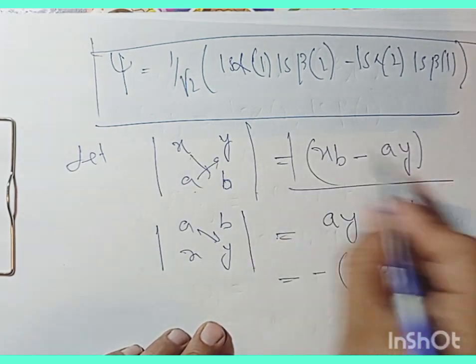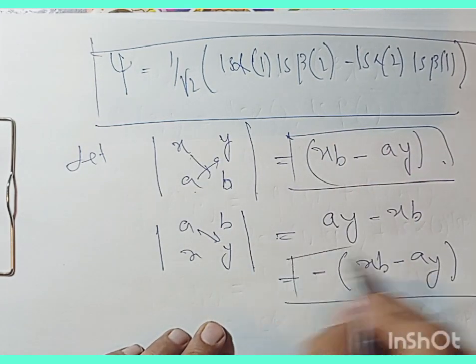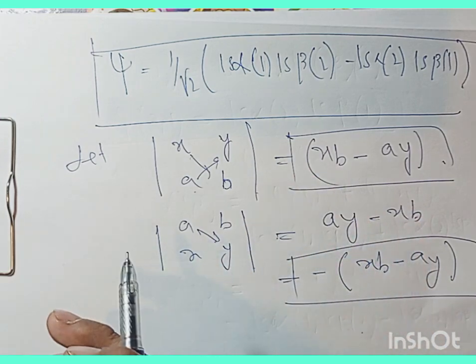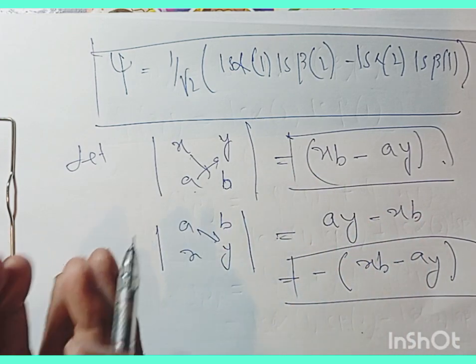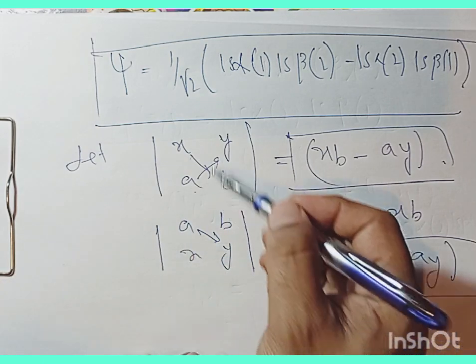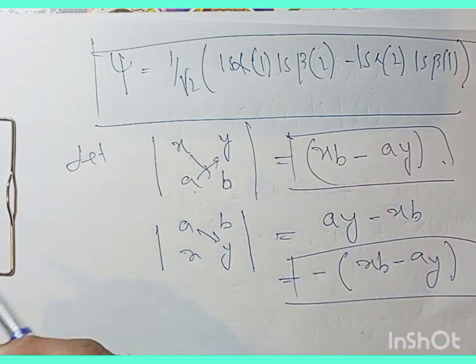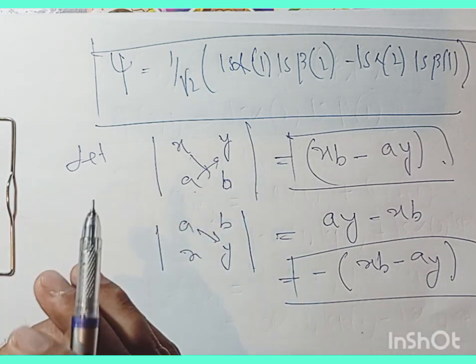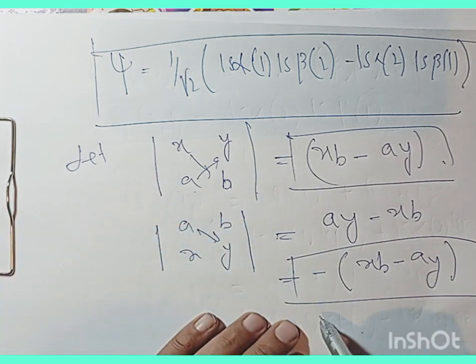If I take a common minus here, I get xb minus ay. Now, the second result is the negative of the first result. That means if we have a determinant and we swap its rows, the determinant gives us the negative at the end.